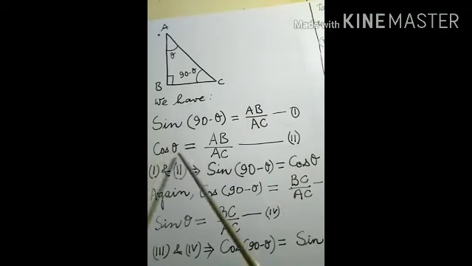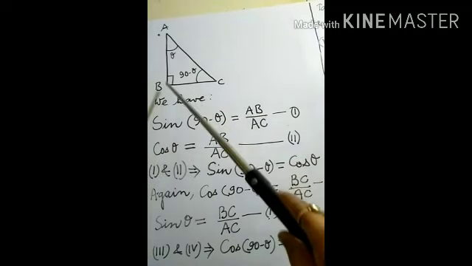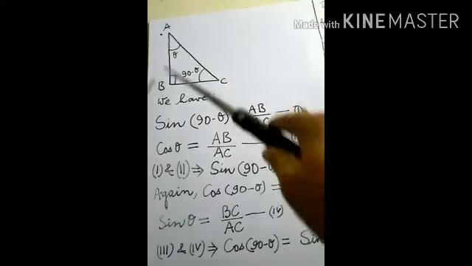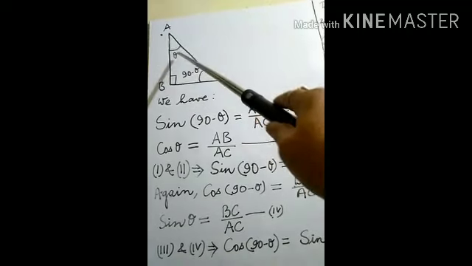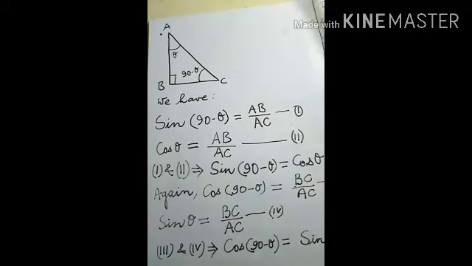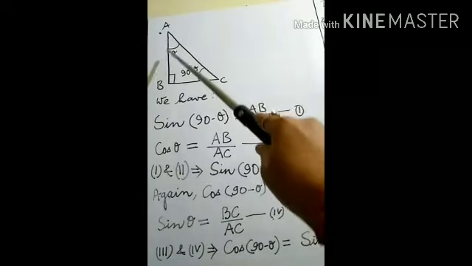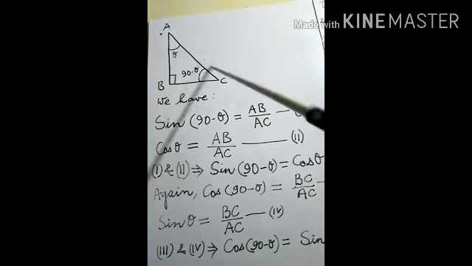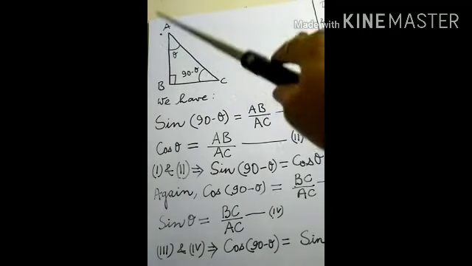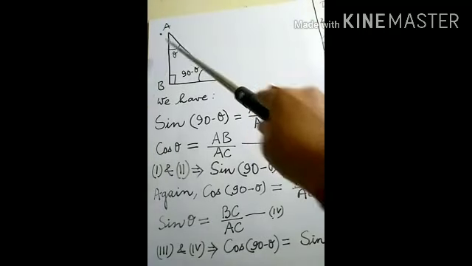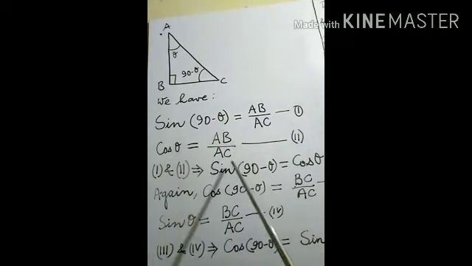So cos theta, we have to find out the value of cos theta. With respect to this theta, how can we calculate this one? Cos is the relation of base to hypo. This one is base for this theta and AC is hypo. It means cos theta equals AB upon AC.